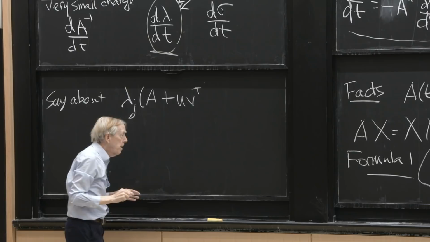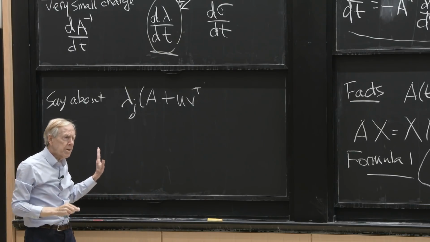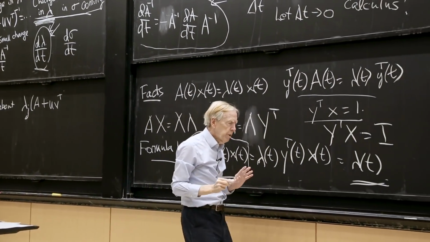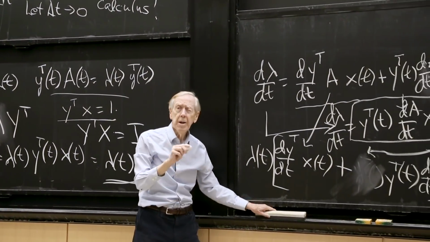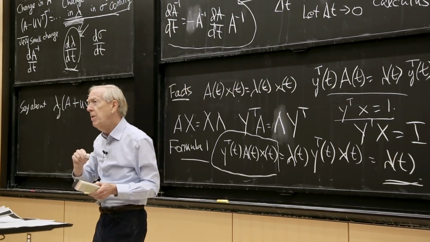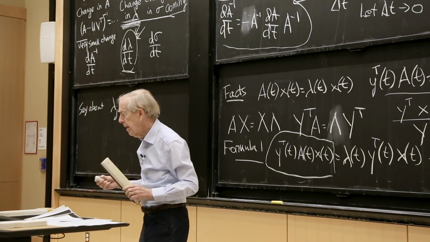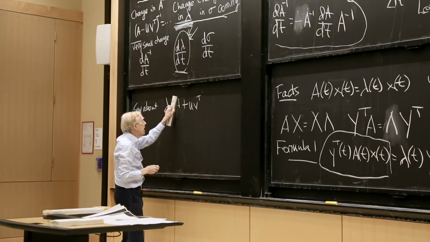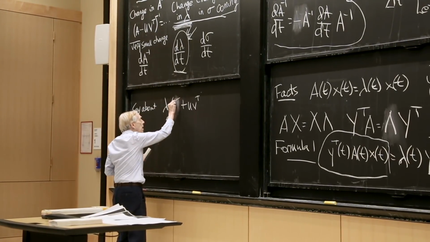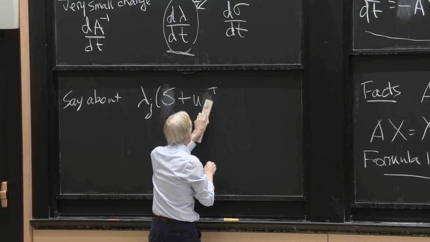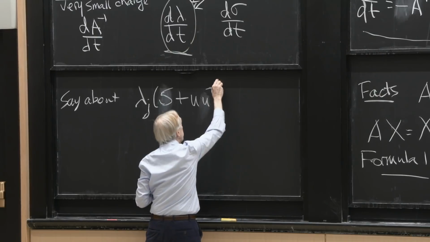Let's do the nice case here. Because if I allow a general matrix A, I have to worry about, does it have enough eigenvectors, can it diagonalize, all that stuff. Let's make it a symmetric matrix. And let's make the rank 1 change symmetric too.